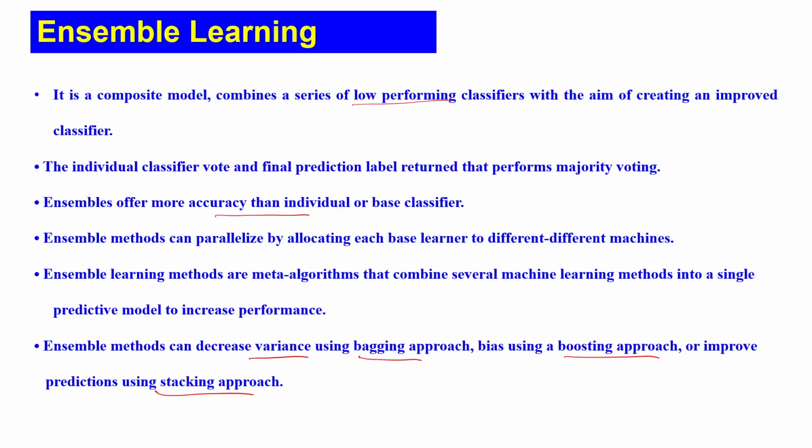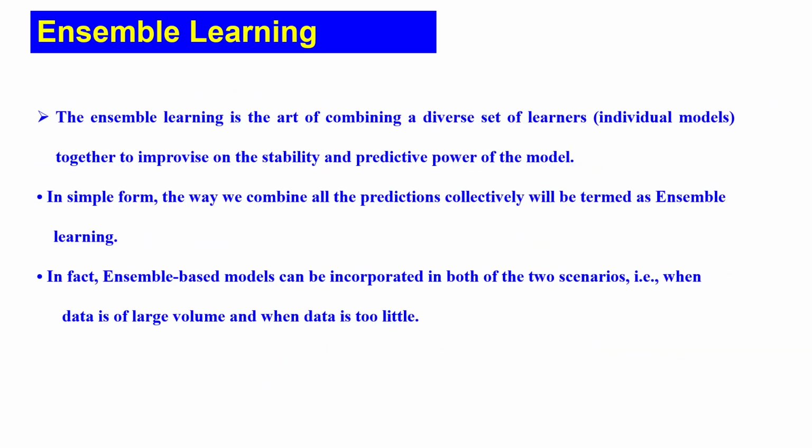So, we can have three types of models basically: one is called boosting, another is called bagging, and the third one is called stacking. So, it is an art of combining a diverse set of learners. This is also important. You need not combine only the same set of learners, you always combine a diverse set of learners together to improve the stability and the prediction power of the model. Very interesting, is it not?